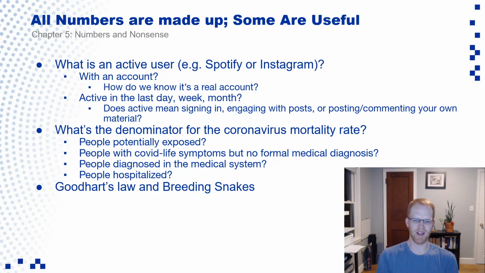Or, still relatively recently, there was a big issue when we try to calculate the coronavirus mortality rate: what's the denominator, right? Is it of all people who were at an event where COVID might have been present? Is it just people who checked into the hospital with coronavirus? Depending on what we want to know might depend on what denominator to use, but also these are measured with different degrees of error, right?